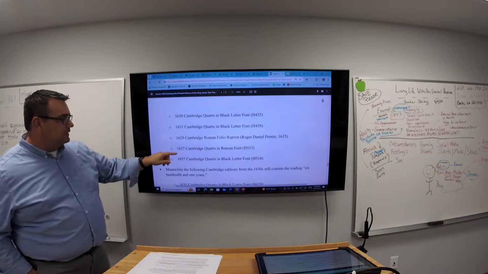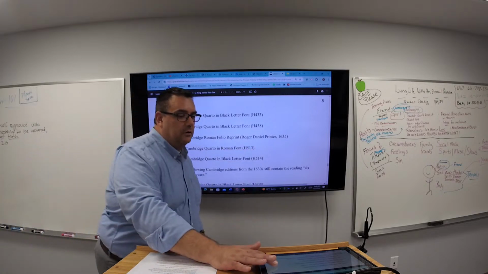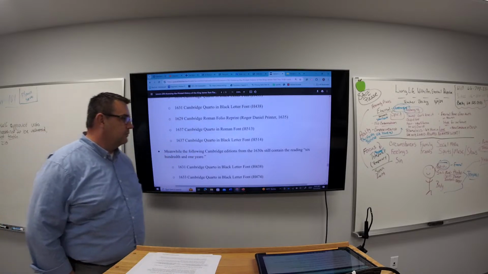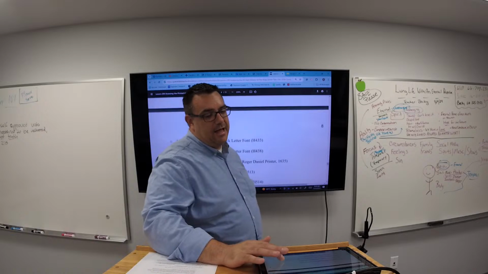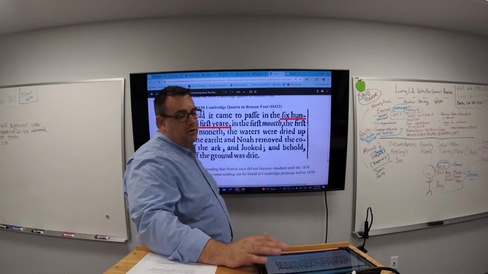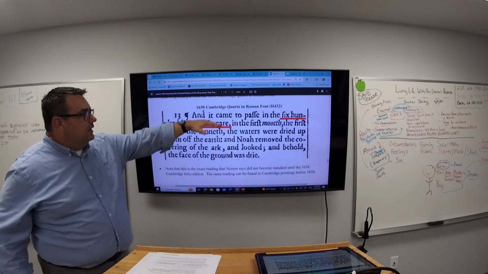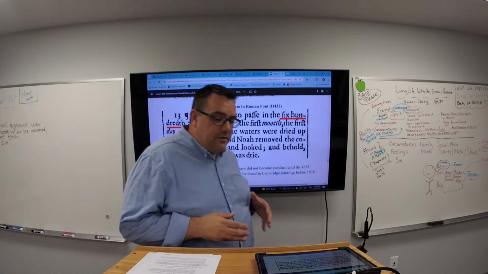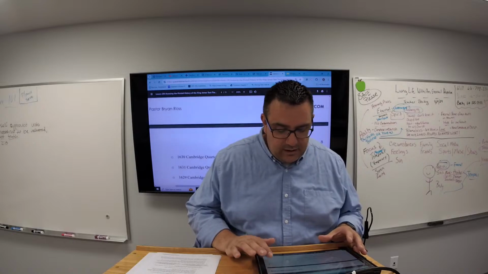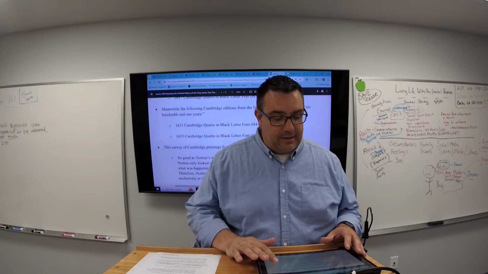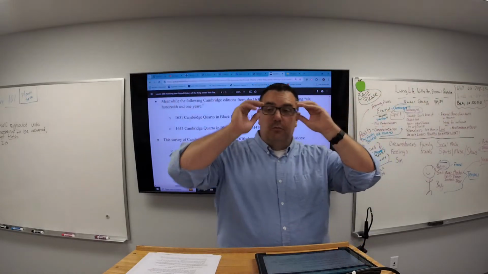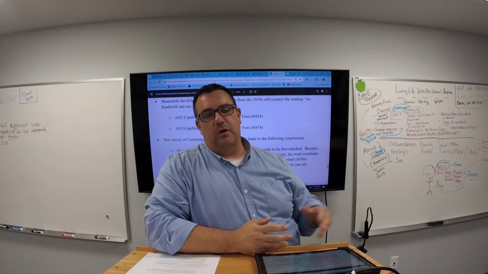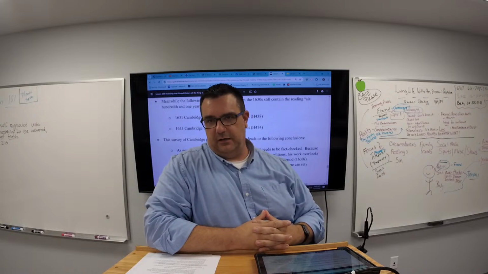It's in the 1637 Cambridge quarto in Roman font, and it's in the 1637 Cambridge quarto black letter font, exactly as it appears in this screenshot from a 1630 Cambridge quarto in Roman font. So this means then that Norton is not wholly correct about this, because this reading develops in Cambridge printings before the folio edition of 1638.